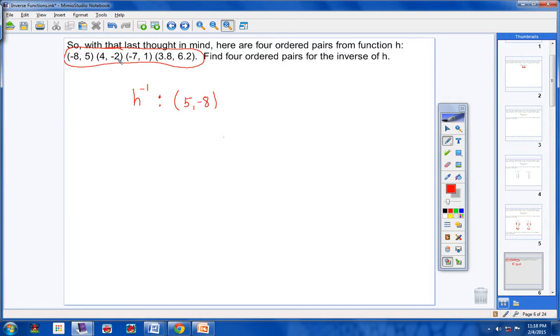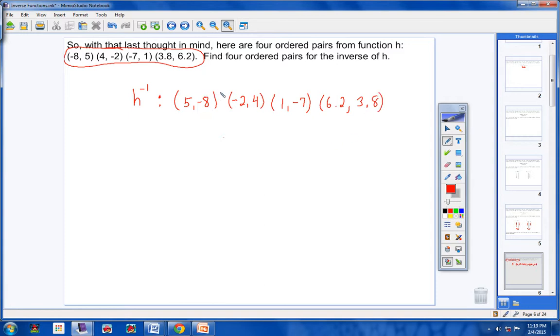If 4, negative 2 satisfied h, then negative 2, 4 would satisfy the inverse of h. If negative 7, 1 satisfied h, then 1, negative 7 would satisfy the inverse. And if 3.8, 6.2 satisfied h, then 6.2, 3.8 would satisfy the inverse of h.